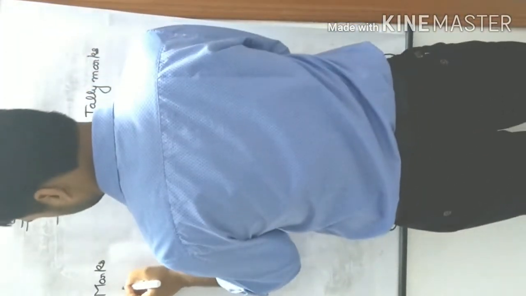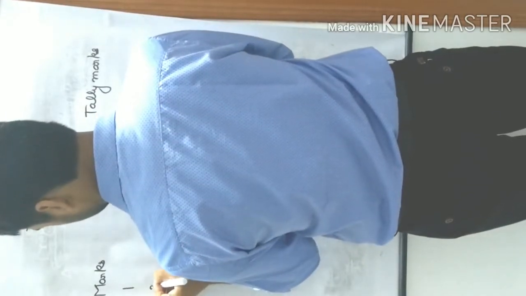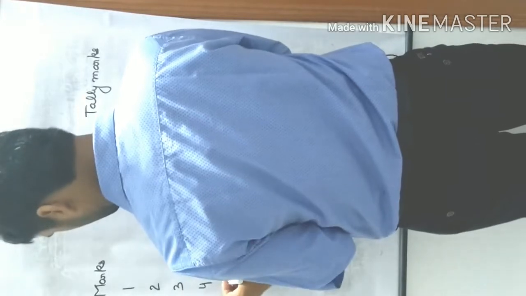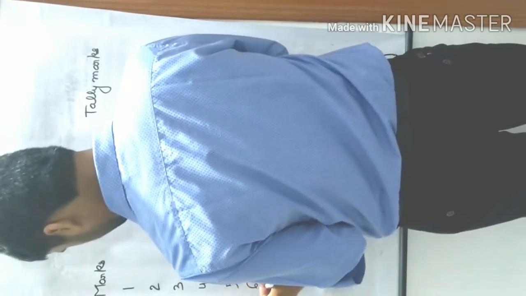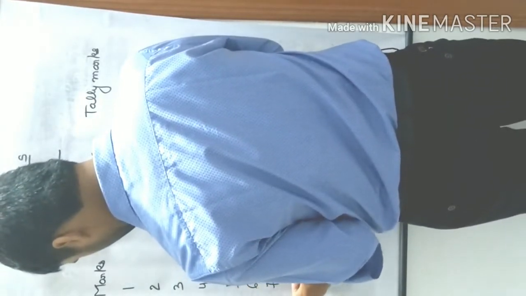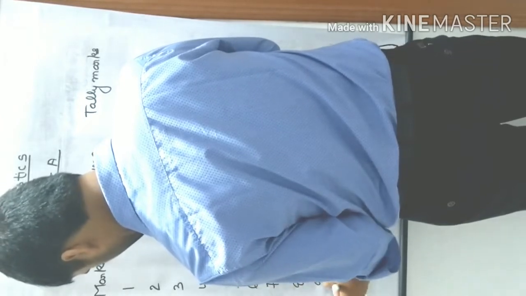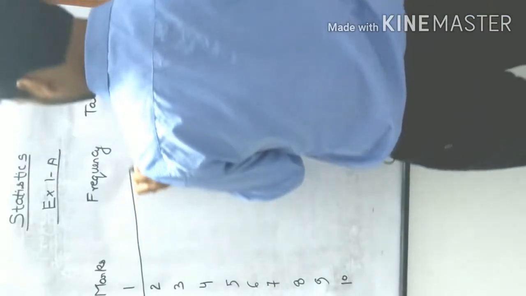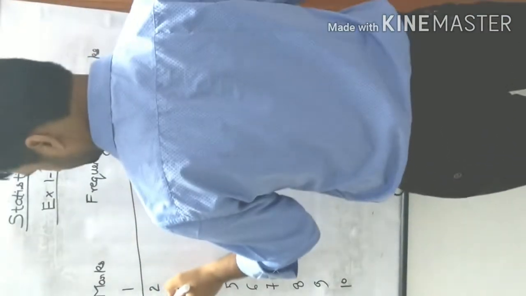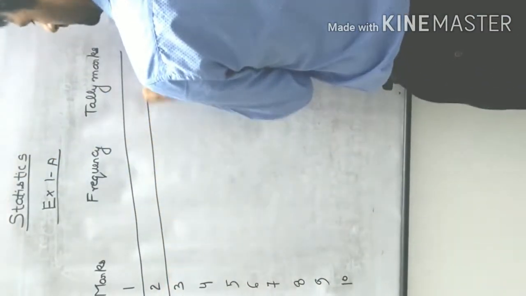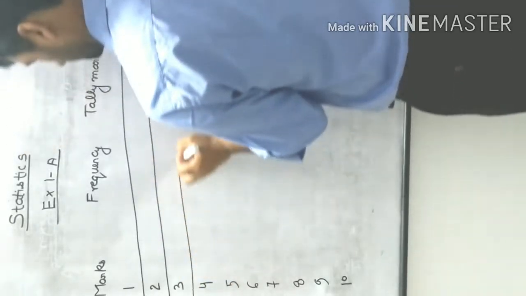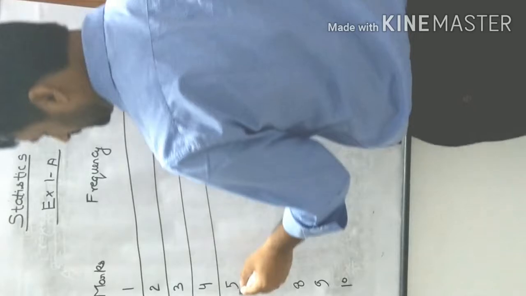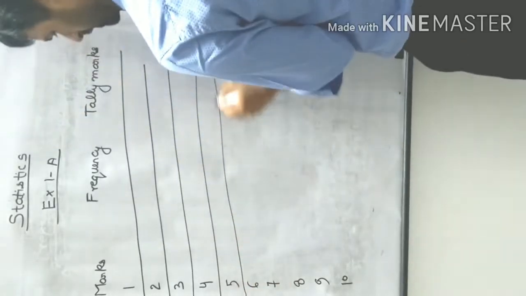So we'll make a table and then we'll write 1, then 2, 3, 4, 5, 6, 7, 8, 9 and 10. Then we need to draw some vertical lines like this so that we can represent it properly. This is our table basically. You'll use your scale to draw this. I'm drawing freehand.